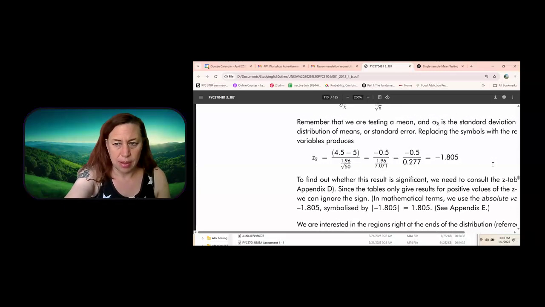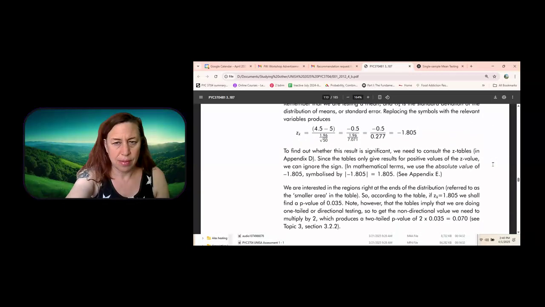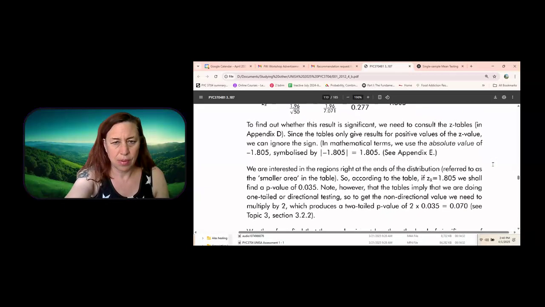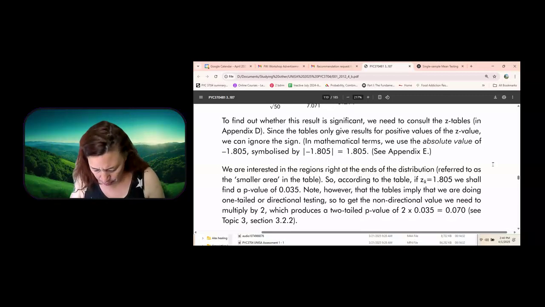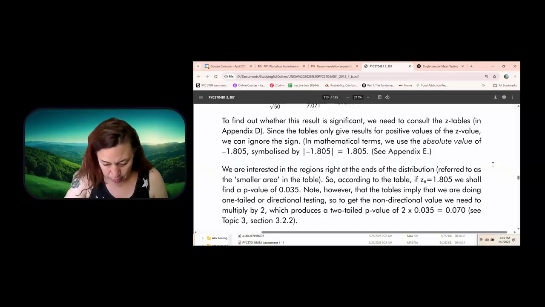Let's see. Okay, yes, so we're looking up 1.805, which is the same as 1.81.